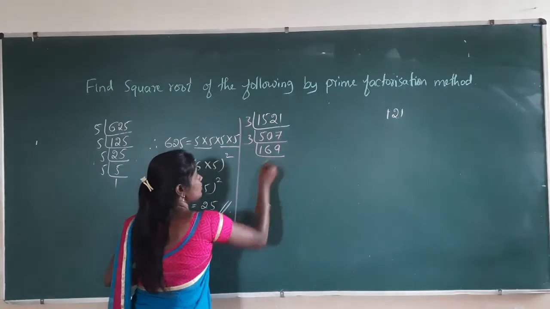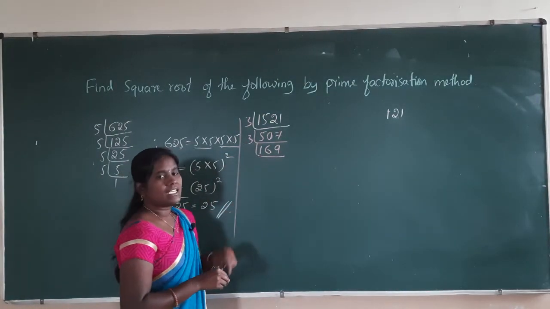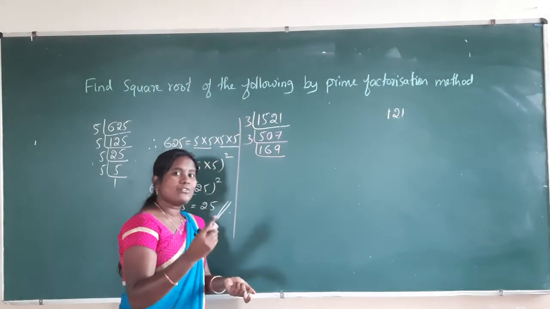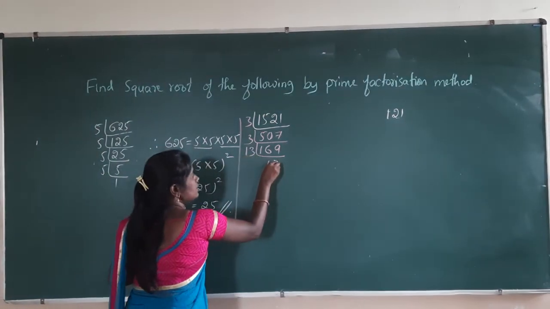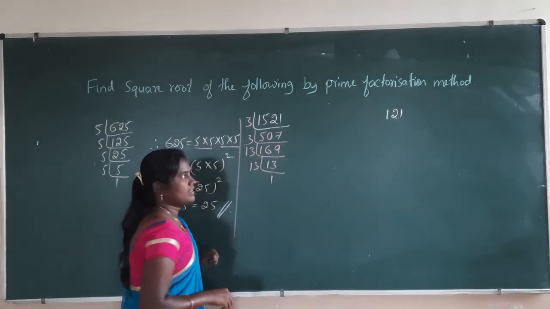Yes. Now 169 is there. This is the square of 13. So directly 13 13s are 169.